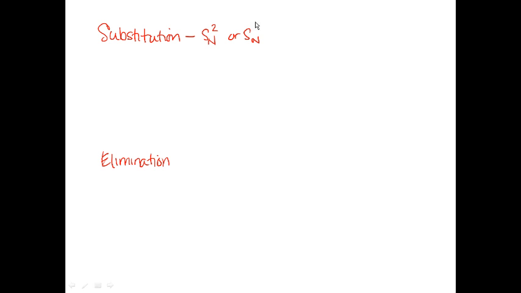And we're going to talk about each one of these. We'll talk about SN2 in this lecture, and then we'll talk about SN1 on Wednesday. And for elimination, there are two possible mechanisms. One is called the E1 mechanism, and the other is called the E2 mechanism.